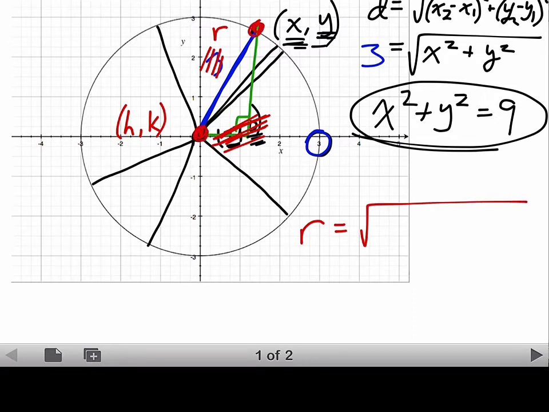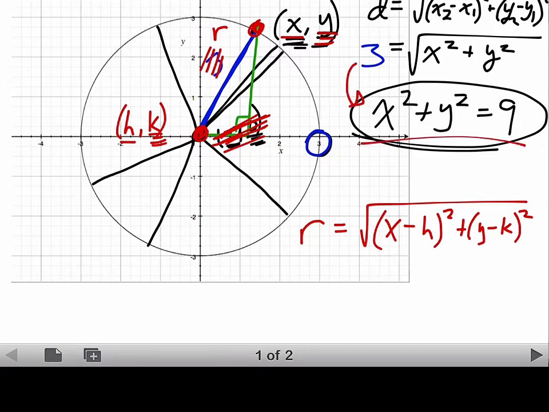So that would be the square root of x minus h, the quantity squared, plus y minus k, the quantity squared.